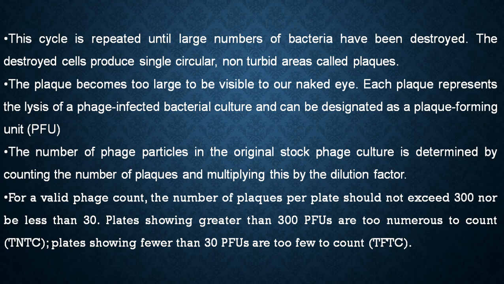For a valid phage count, the number of plaques per plate should not exceed 300 nor be less than 30. Plates showing greater than 300 PFU are too numerous to count. Plates showing fewer than 30 PFU are too few to count.